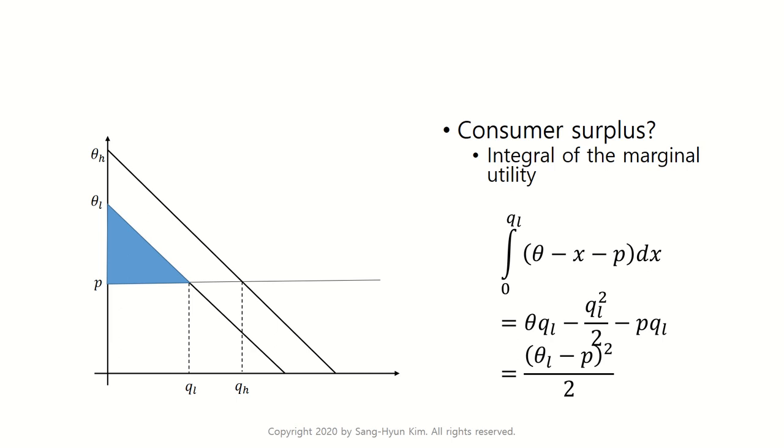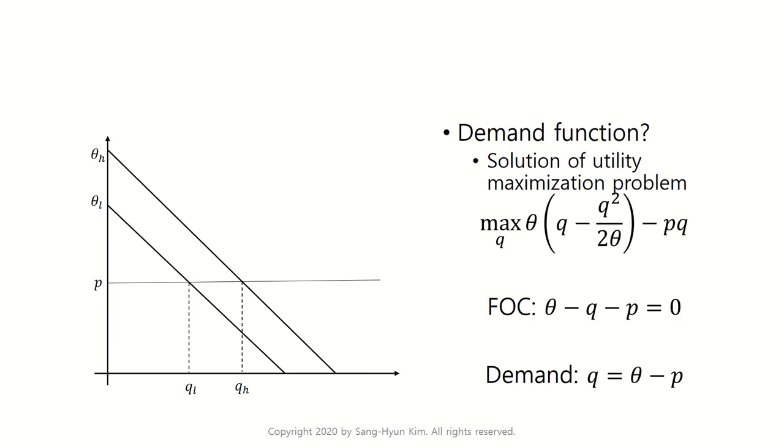So the consumer surplus is simply the integral of the marginal utility. As you can see in the mathematical expression, you integrate theta minus x minus p, which is the marginal utility. Let's look at this slide. In the first order condition, look at the second equation: theta minus q minus p.